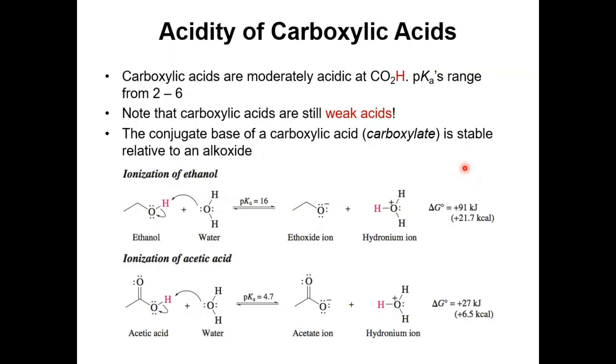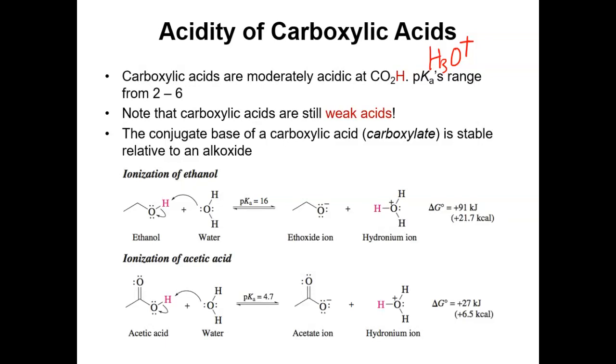Although they are still weak acids if you judge by pKa values, typically between 2 and 6, that is sizably higher than hydronium ion, meaning less acidic. Hydronium ion is usually the reference acid.